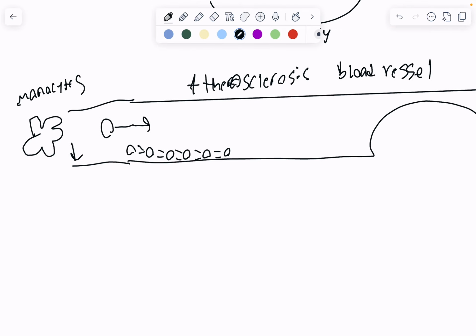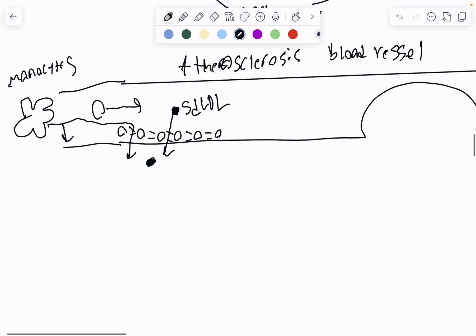And so we have these small dense lipoproteins, SD-LDL, that are very small and very dense, and they are actually able to get past the epithelial lining and get out of the blood vessel. Whenever these macrophages, these monocytes, come for the inflammatory response, they see this SD-LDL and follow it past the epithelial lining, and they engulf it.